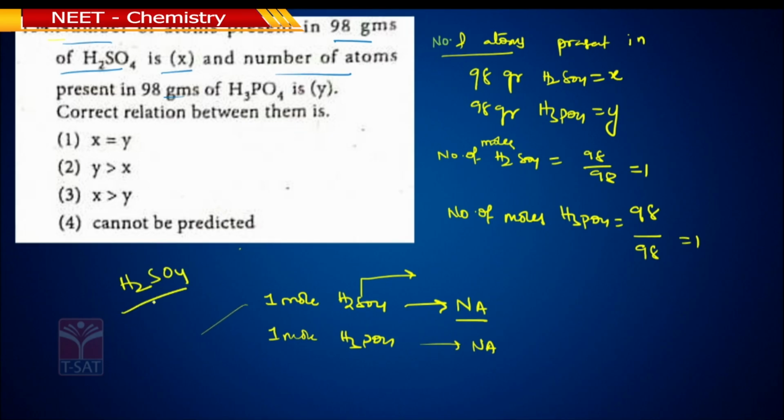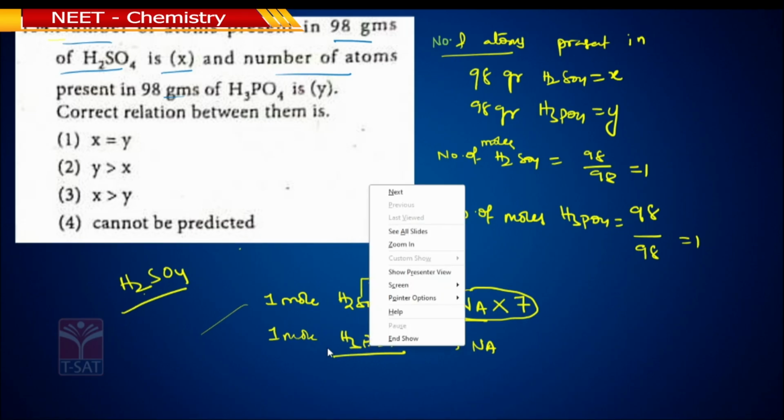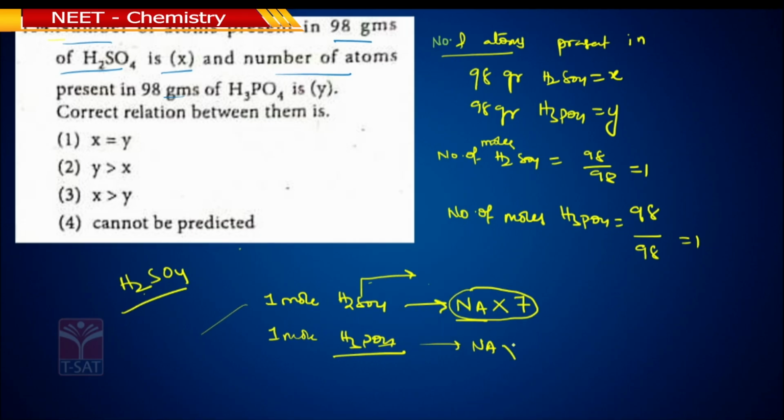Total: 2, 4 plus 2 is 6, plus 1 is 7. 7 atoms in 1 molecule, so Avogadro number of molecules means 7 into Na. In H3PO4, 4 oxygens plus 1 phosphorus is 5, plus 3 hydrogens, total 8. So 1 molecule of H3PO4 has 8 atoms, and Avogadro number of molecules means 8 into Na.